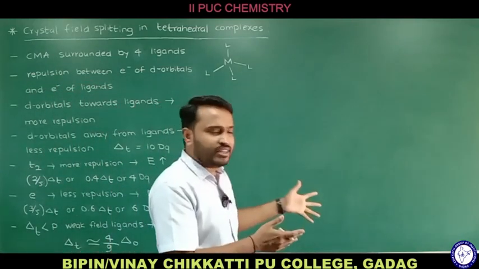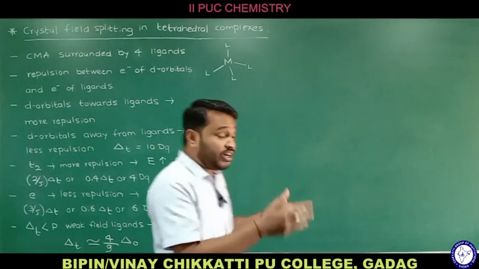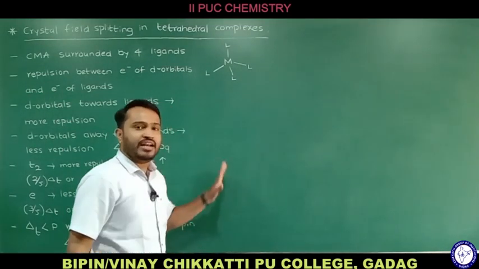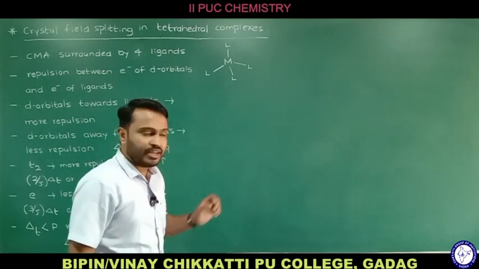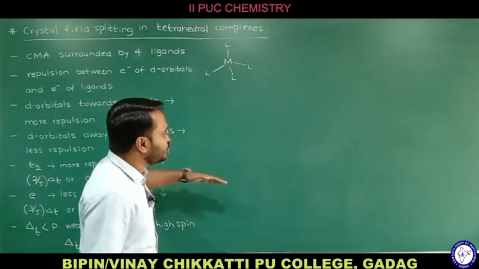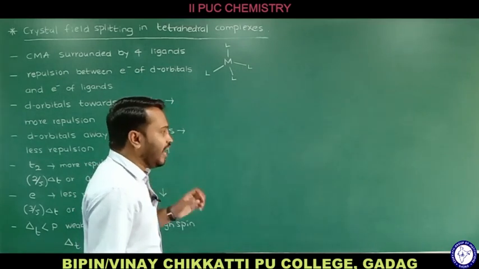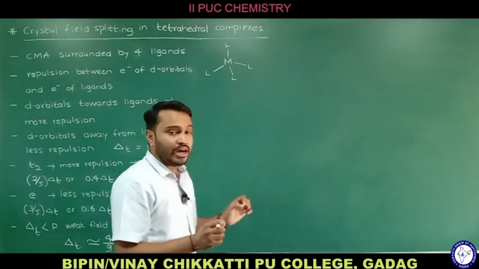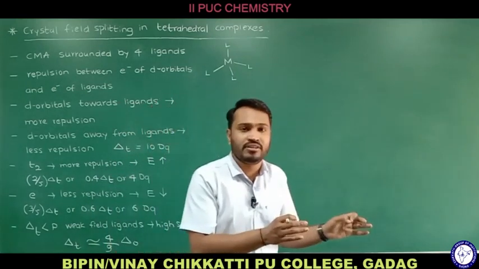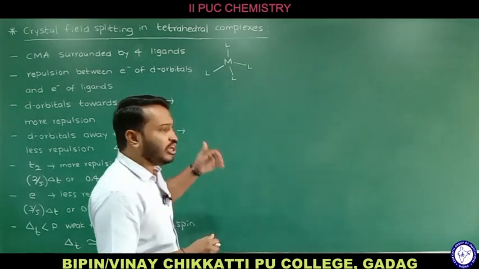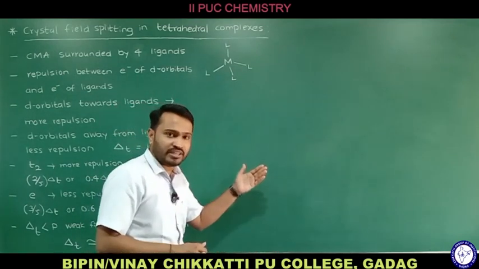As we have seen in the case of octahedral, initially I considered 5 degenerate metal d atomic orbitals, with energy increasing from bottom to top. When the d atomic orbitals of the d block element approach the ligands, the lifting up of atomic orbitals takes place.